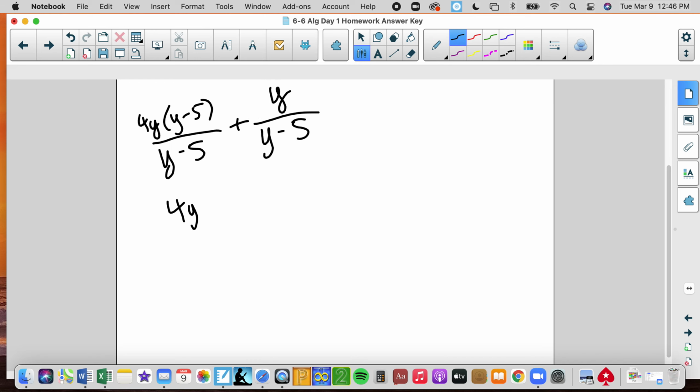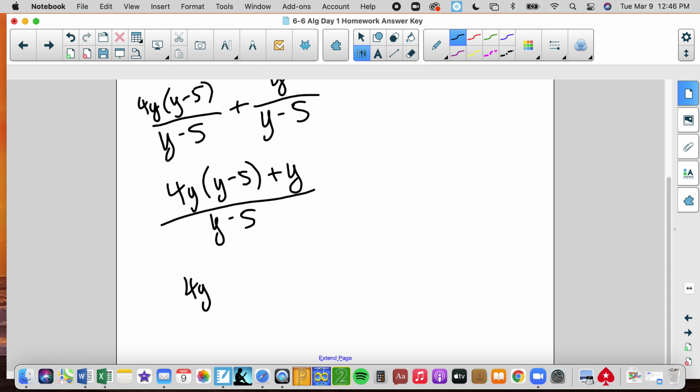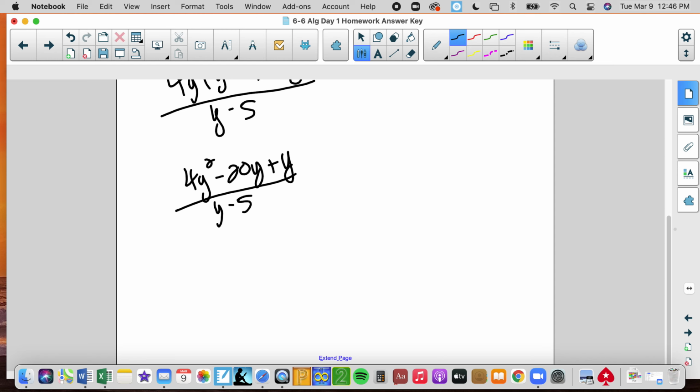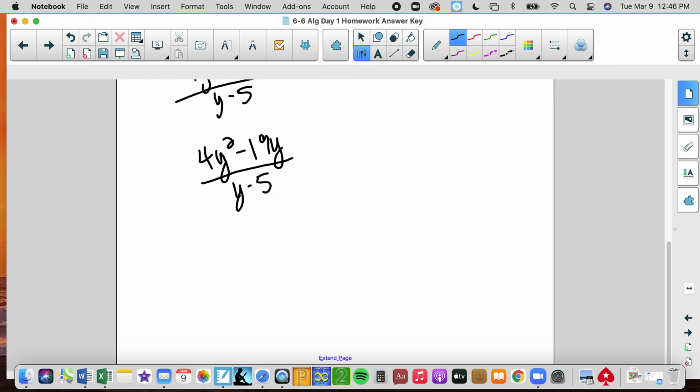That's going to be 4y times the quantity y minus 5 plus y all over y minus 5. That gives us 4y squared minus 20y plus y over y minus 5. Nope, not going to be able to do it again. 4y squared minus 19y over y minus 5. Factor out that y. You get y times 4y minus 19 over y minus 5.